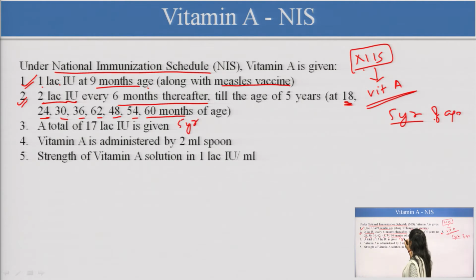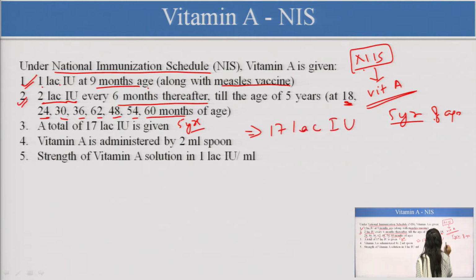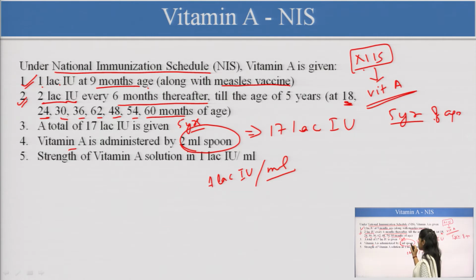So, in total we will provide 17 lakh international units till 5 years of age. This vitamin A is administered with a 2 ml spoon, in which 1 lakh IU is per ml of the spoon. So, this is the concentration we are providing.